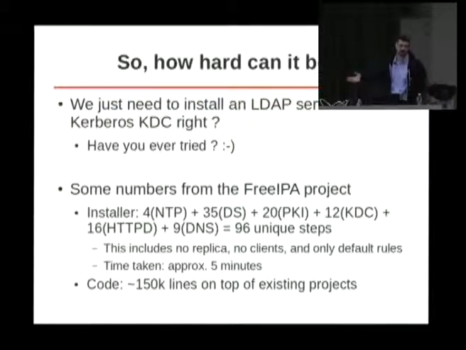So it's a lot of code, because if you think about it, it's not comprising any of the actual components. And as part of the project, we also built a client, and that's another 150K lines. So it is hard, but it is doable, and the extent to which you want to do it depends on what you want to achieve, of course.